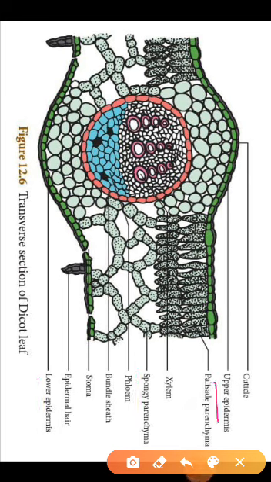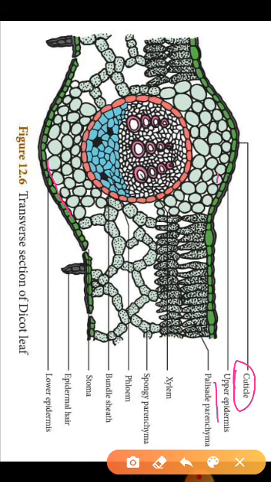The upper epidermis is a single layer of parenchymatous cells. Look here. And the lower epidermis is also a single layer made up of parenchymatous cells. Both epidermis are covered by cuticle.